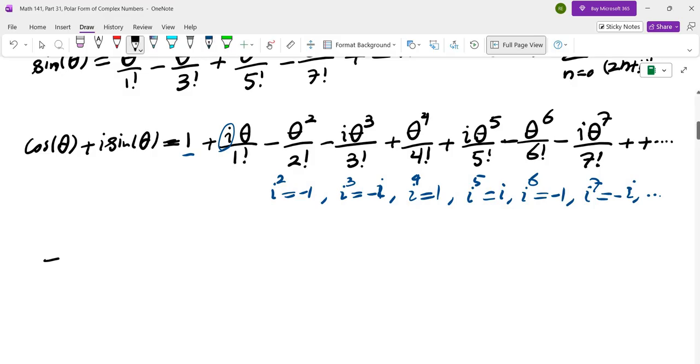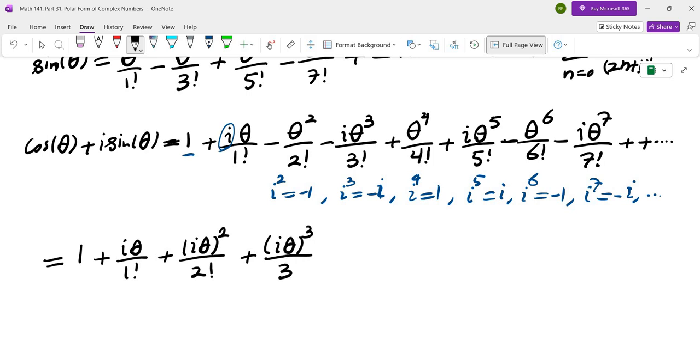So that means I can write this down as 1 plus i theta over 1!. The next one is (i theta) squared over 2!. The next one is (i theta) cubed over 3!.